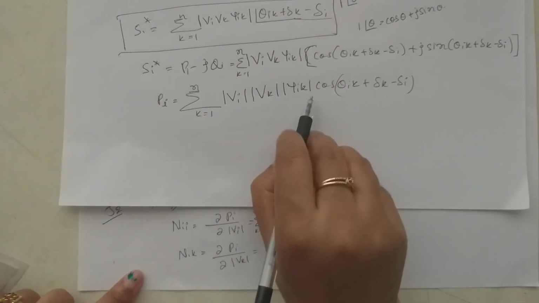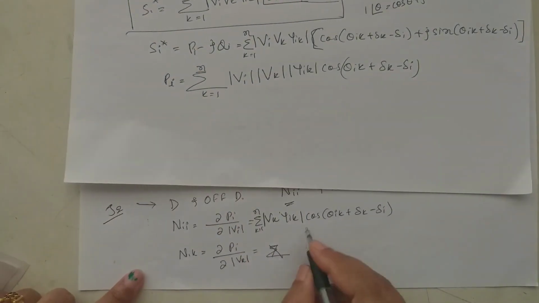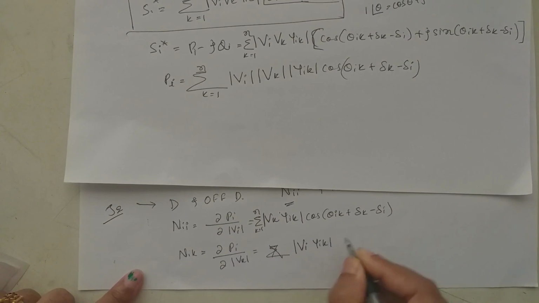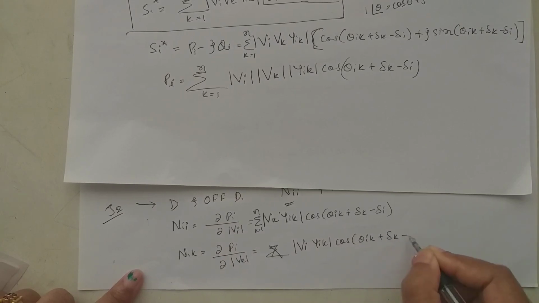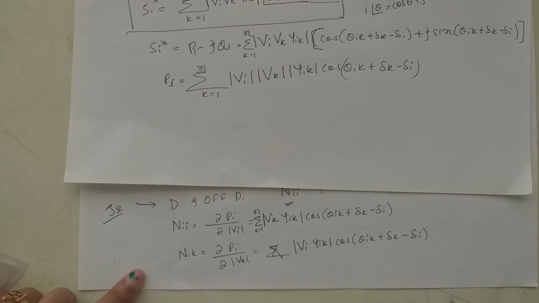Others are constant, just write as it is, Vi Yik cos(theta ik plus delta k minus delta i).